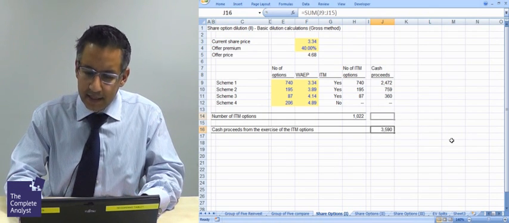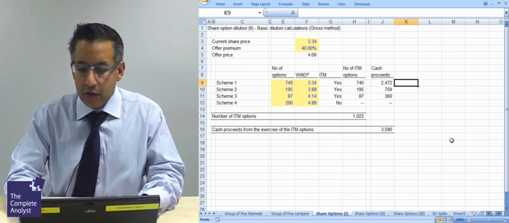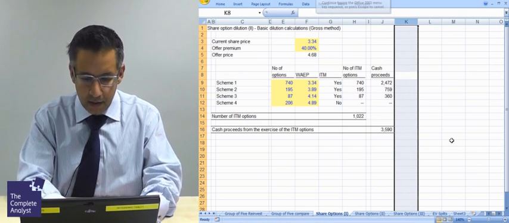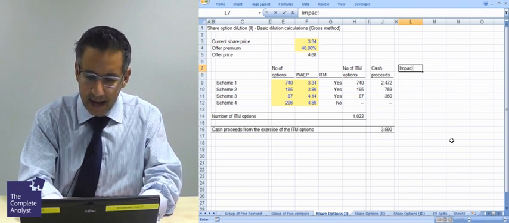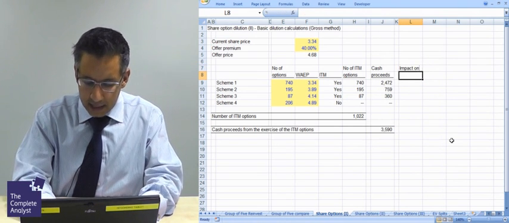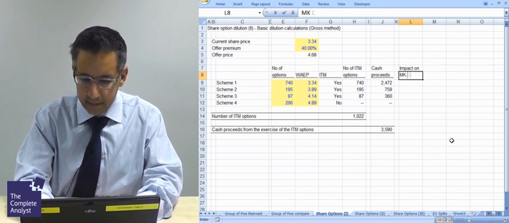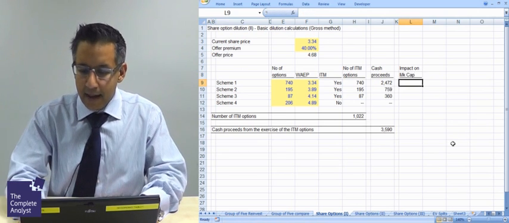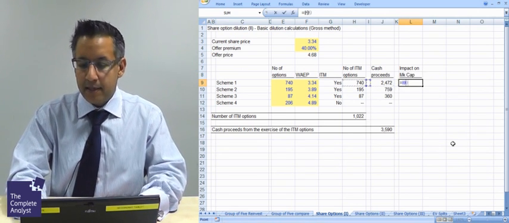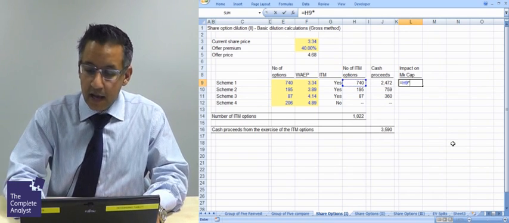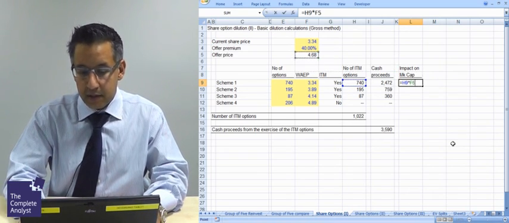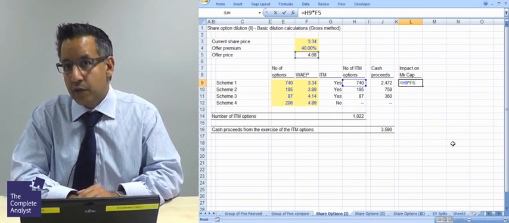Now, the other impact is that we're going to have new shares in issue. So, number of new shares in issue. So, the impact on, let's say, market cap. Well, the impact on market cap is we have 740 million new shares. Let's just work on the assumption the share price hits the offer price of 468.